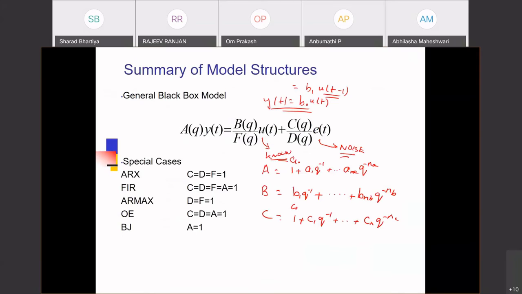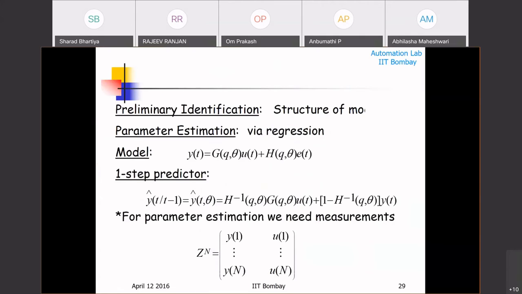Somebody will say I'm using an FIR model, or an output error model. It is a different treatment of this E of T. You always will have a numerator and denominator for the U, but it just treats E of T differently. So let me go through some examples.